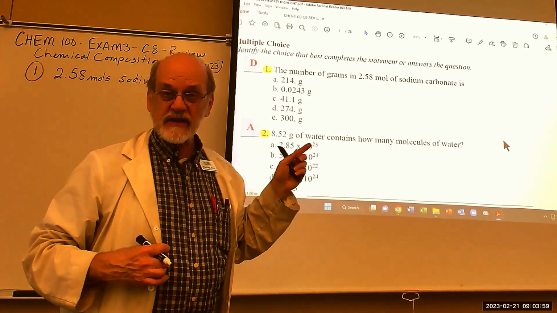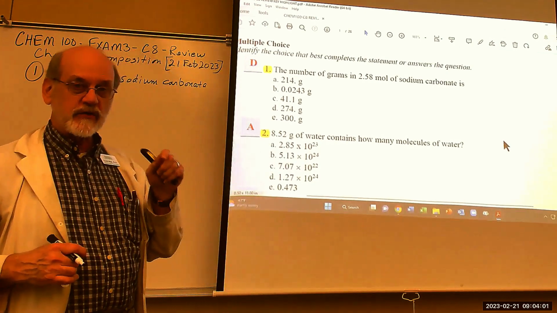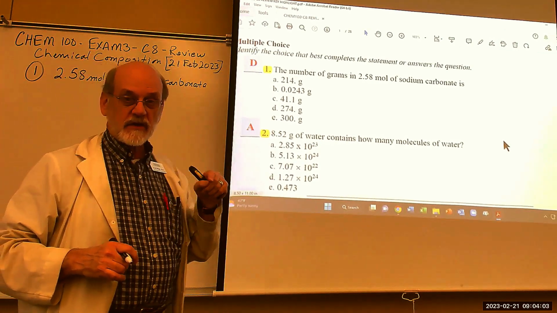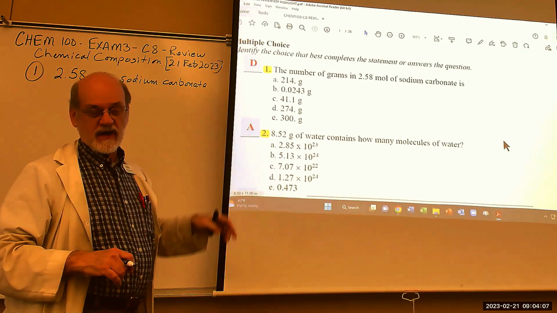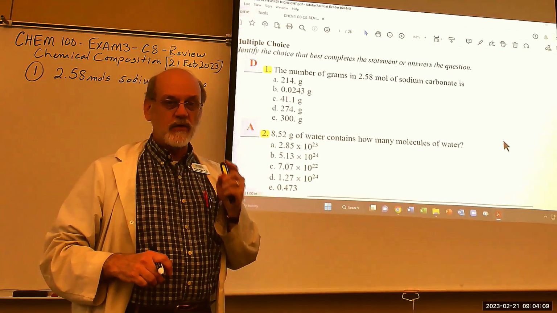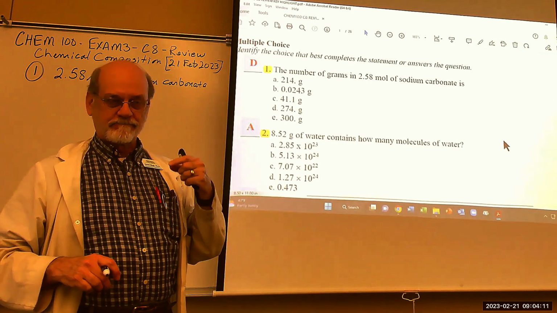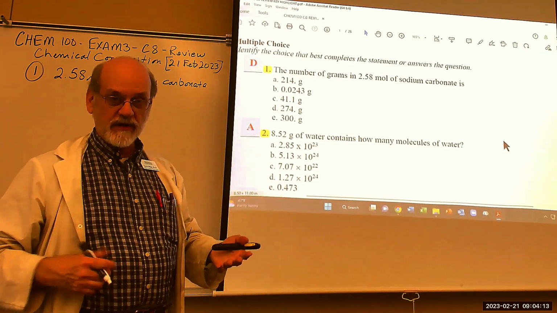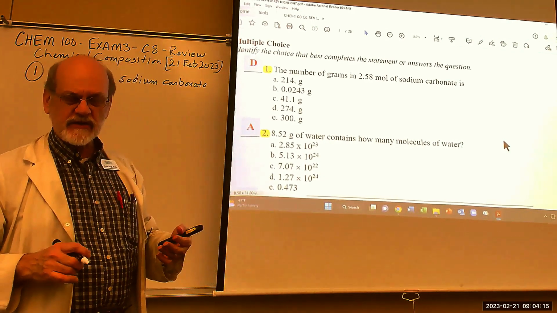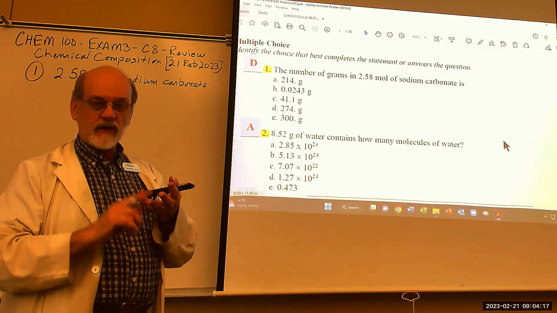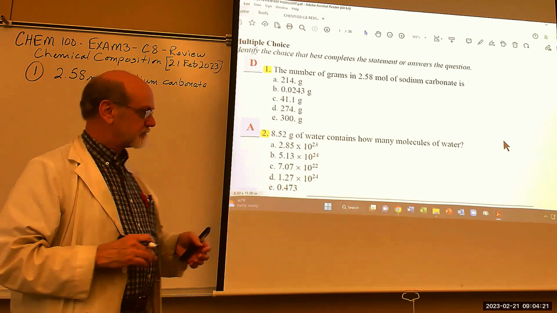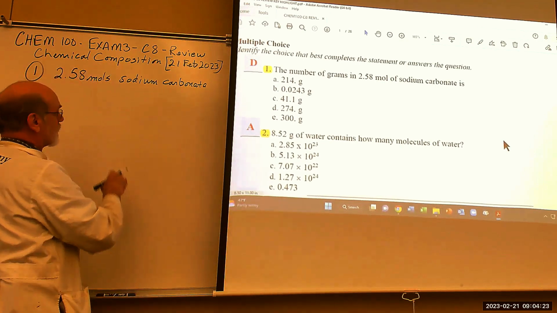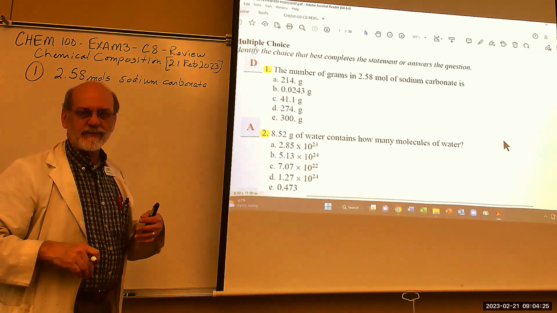Except in this case, you can't do what you need to do with the English name of the compound. You have to know the formula. That's why early on in the semester, I insisted that you both learn the symbols and then learn how to write the compounds. Nomenclature. All right, so sodium carbonate is what type of compound?